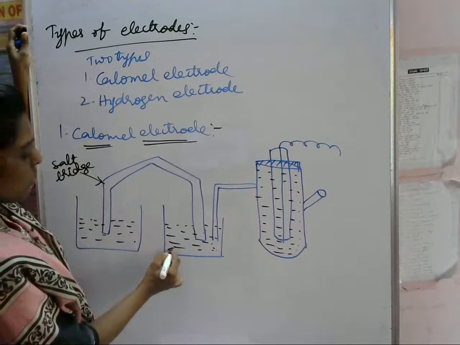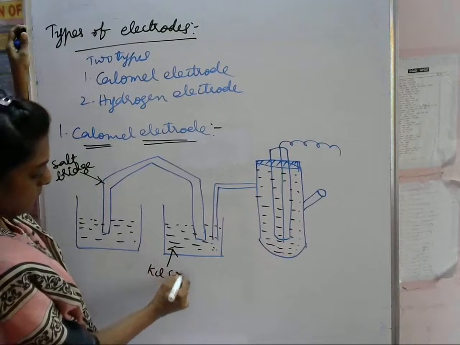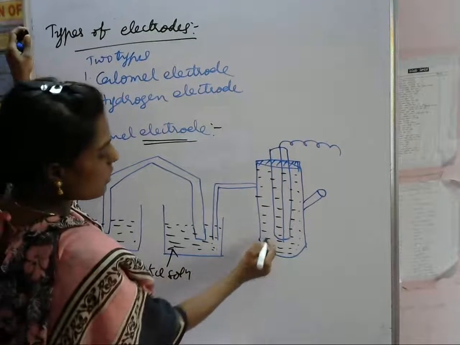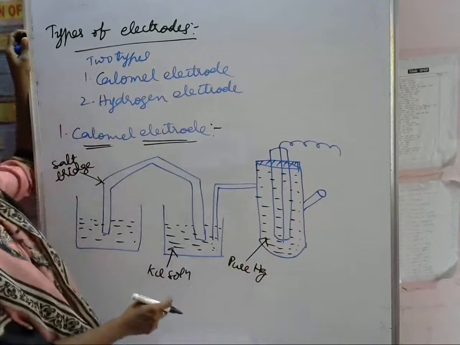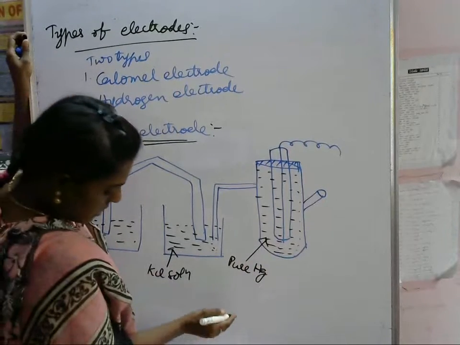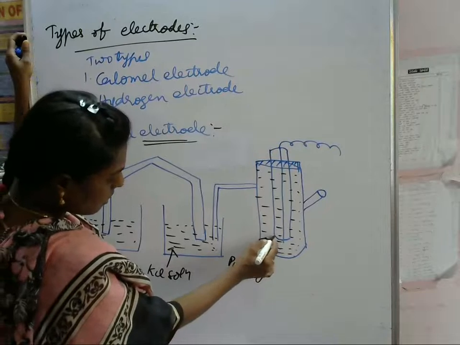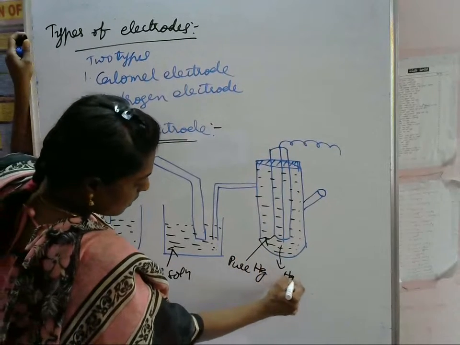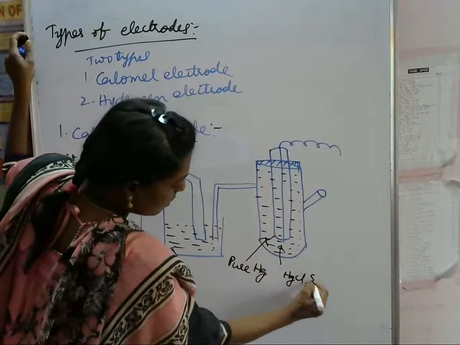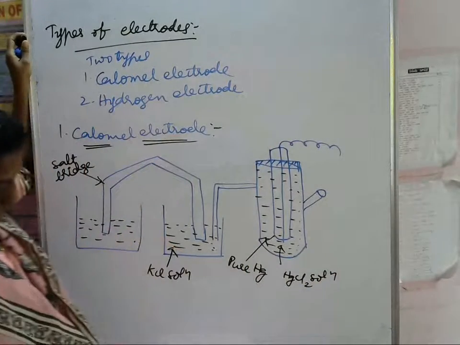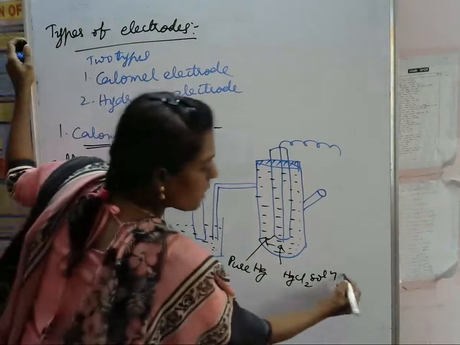This is KCl solution. This is pure Hg, mercury. Okay, this is pure mercury. HgCl2 solution, plus Hg paste.